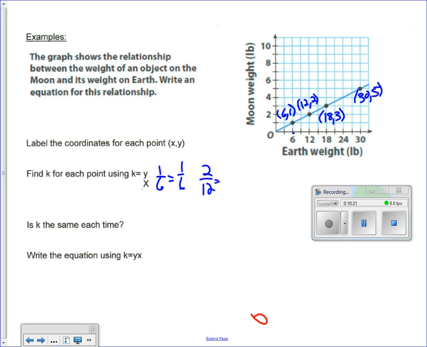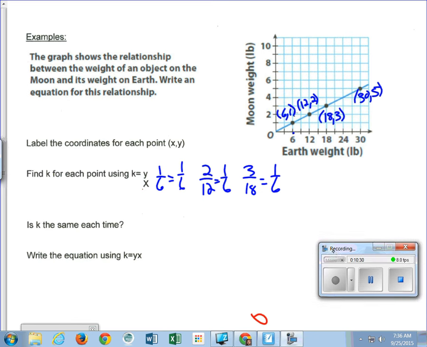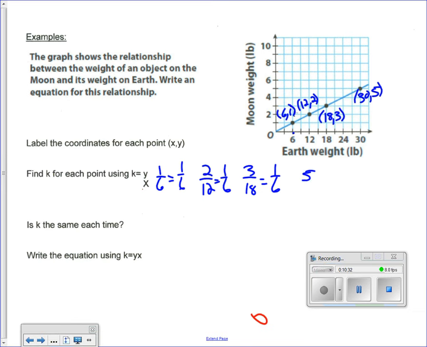That reduces to 1 over 6. 3 over 18. Reduces to 1 over 6. And then the last is 5 over 30. Reduces to 1 over 6. You do not want to change those to decimals, but we could if they come out all the same. Only mix fractions. So is k the same each time? Yes.